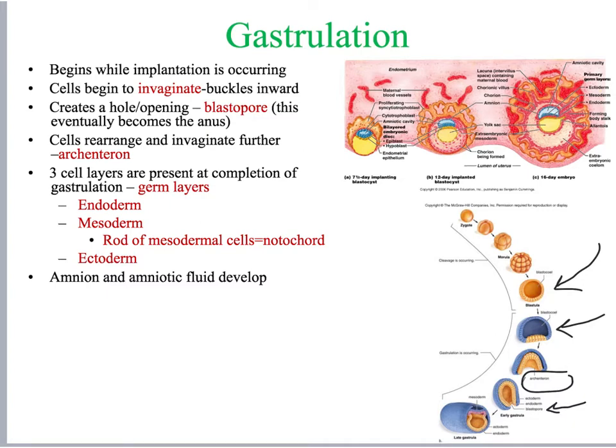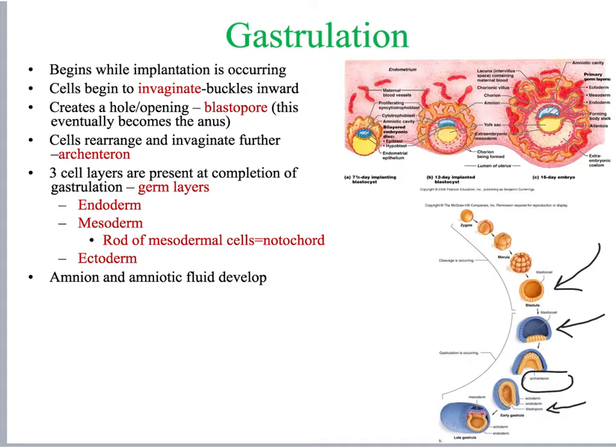And there are 3 distinct cell layers present at the completion of gastrulation. These are called germ layers. These germ layers include the endoderm, mesoderm, and ectoderm. And at this point, each of those germ layers is now predestined to become a specific part of the body.